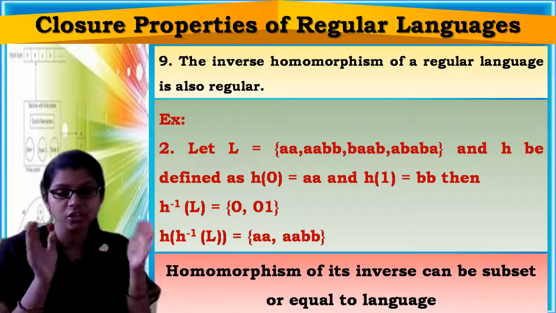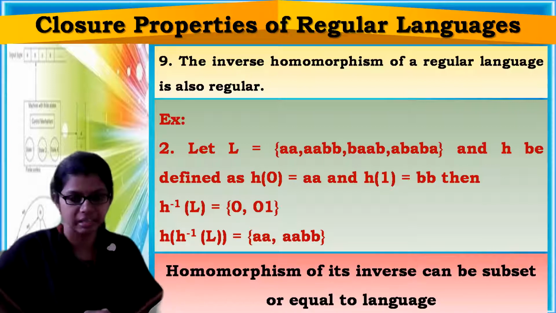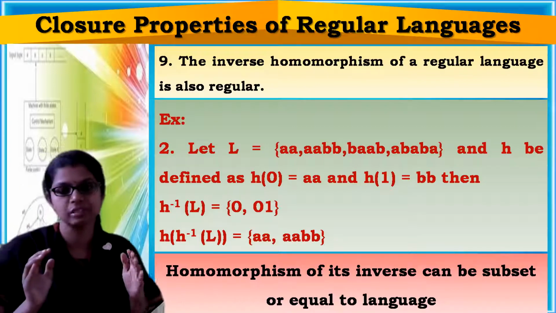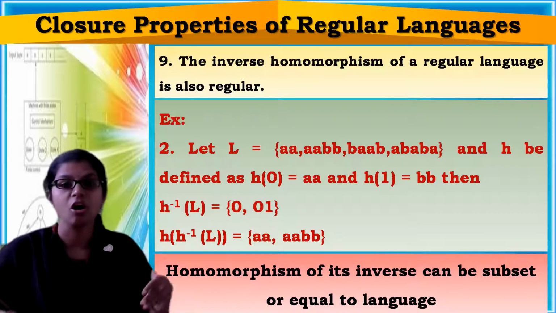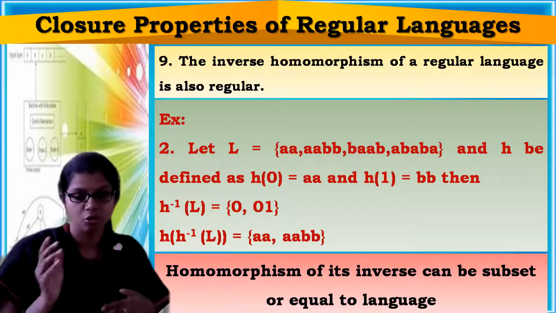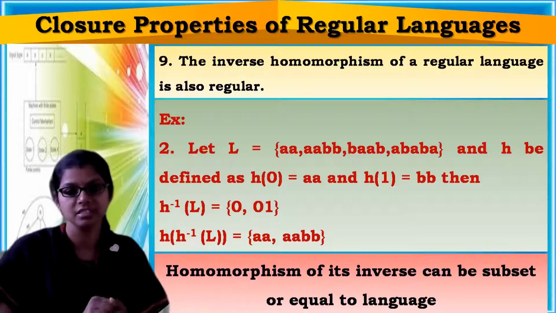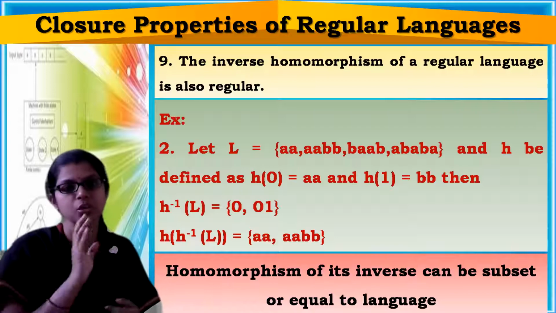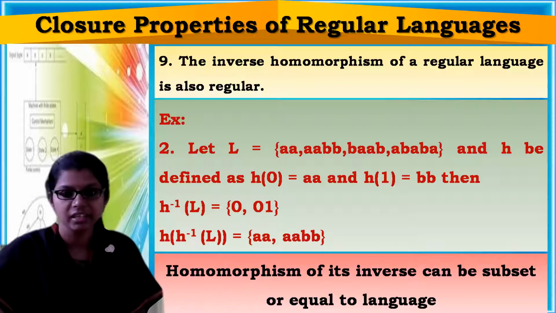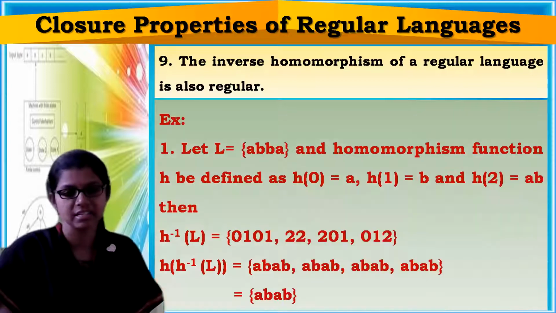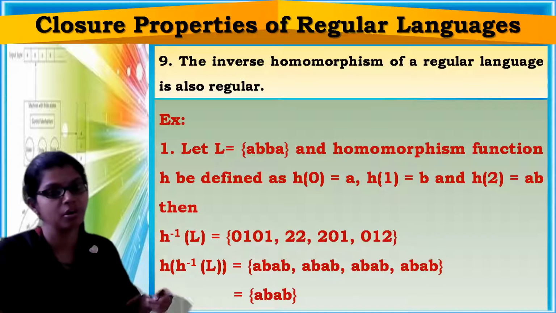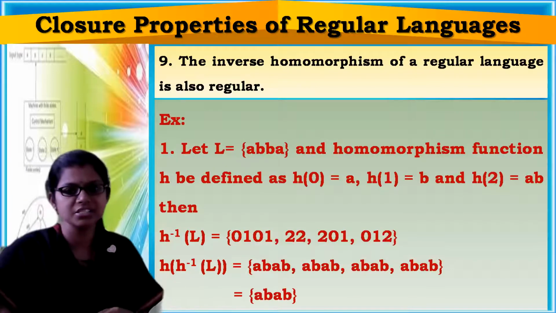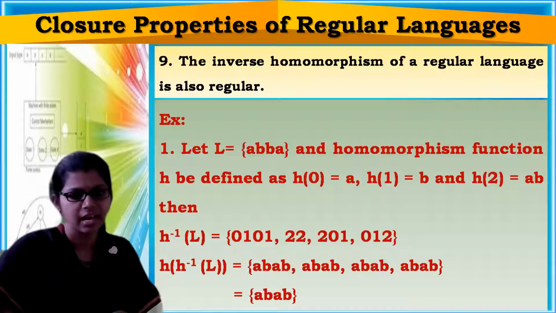But what you understand from these two examples is that the homomorphism of its inverse can be a subset of or equal to the language. In the first example, when you applied homomorphism to its inverse, it generated all the strings as ABAB.